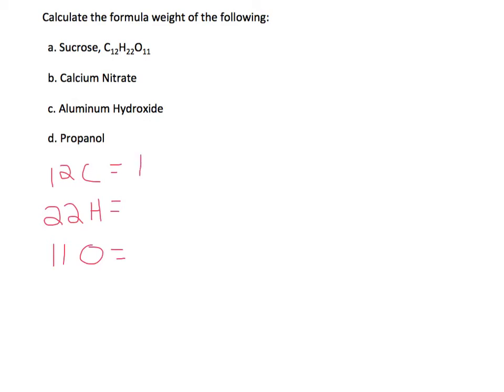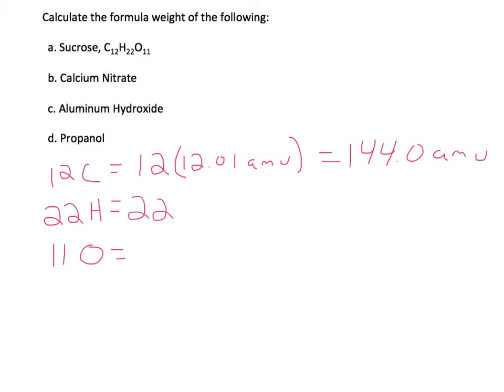So we have 12 carbons, and the atomic mass is 12.01 AMU, which is going to be equal to basically 144.0 AMU. For hydrogen, we have 22 times its atomic mass, which is 1.0 AMU, and so that's going to be equal to about 22.0 AMU.